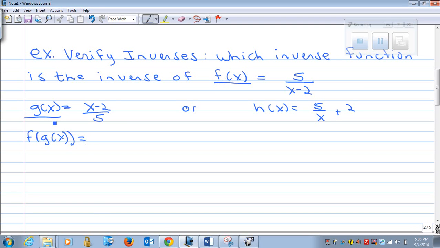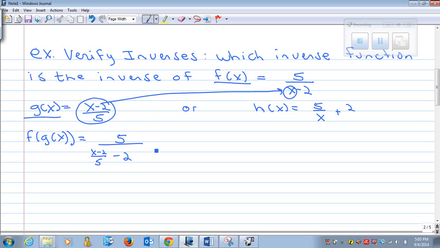That means we're going to take all the g of x stuff and plug it in for the x in the original function. This is a little complicated algebra, so we're going to have 5 over, and we have a double fraction here. We have x minus 2 over 5 plugged in for the x, and then minus 2. I'm going to write it out.